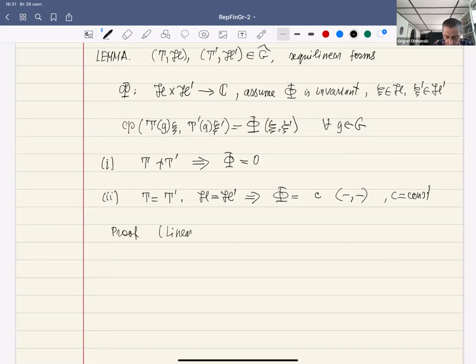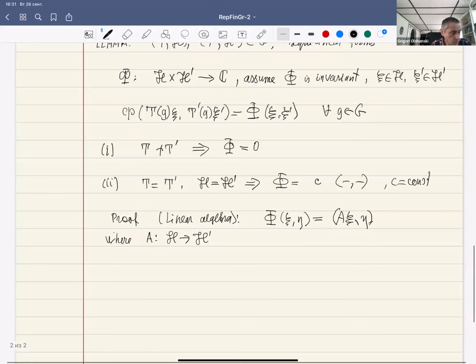In general, any phi can be written as follows: there exists some operator A, a linear operator from one space to another space, and any sesquilinear form can be represented in such a way.